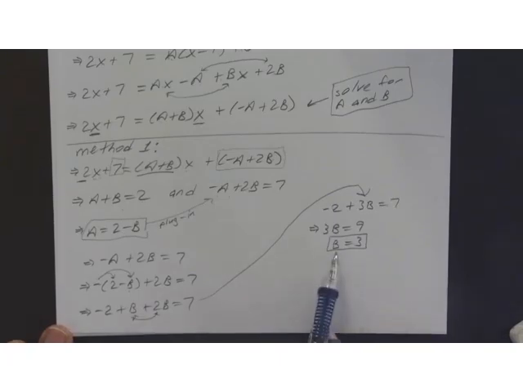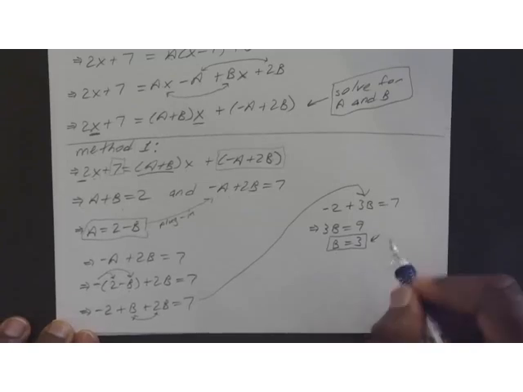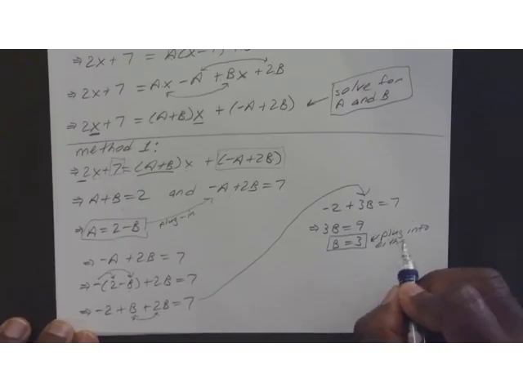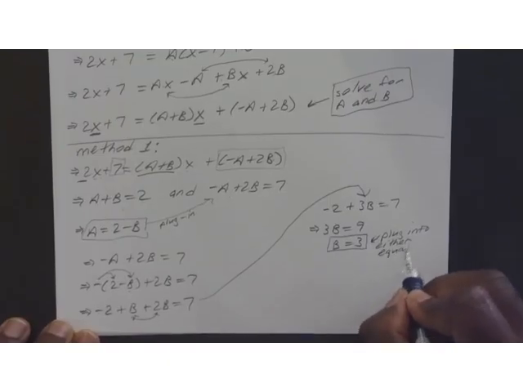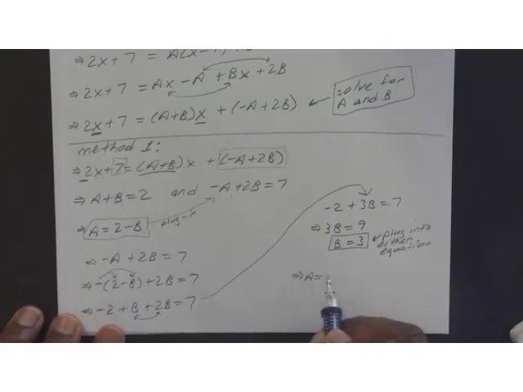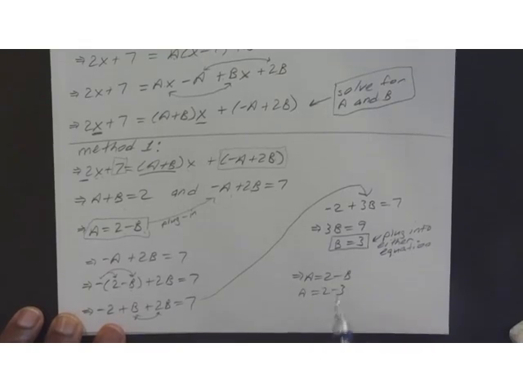And this one you can plug into either equation. So we can plug it into a plus b equals 2, negative a plus 2b equals 7, a equals 2 minus b. You'll get the same answer either way. So if we plug it into a equals 2 minus b, that means that a is equal to 2 minus 3.